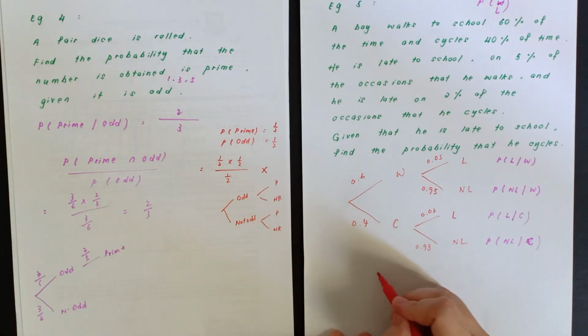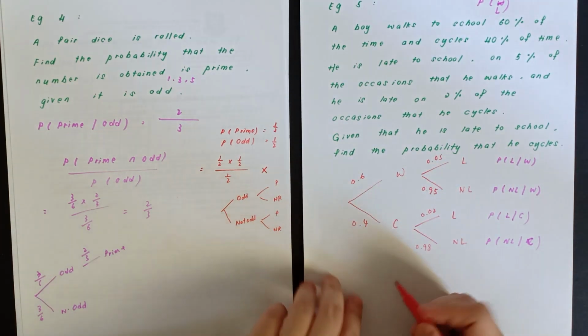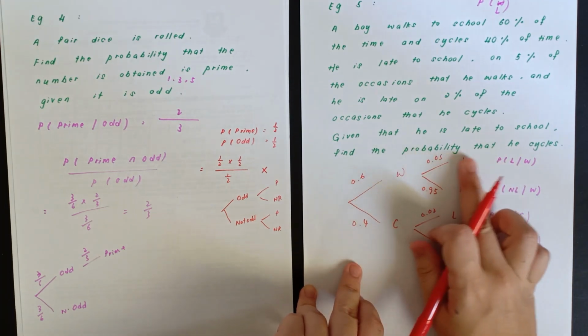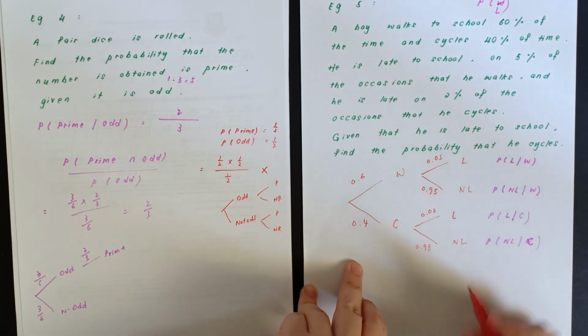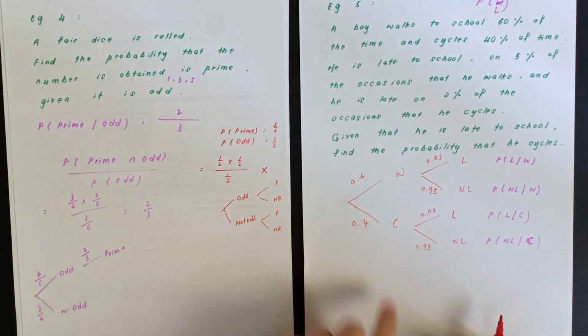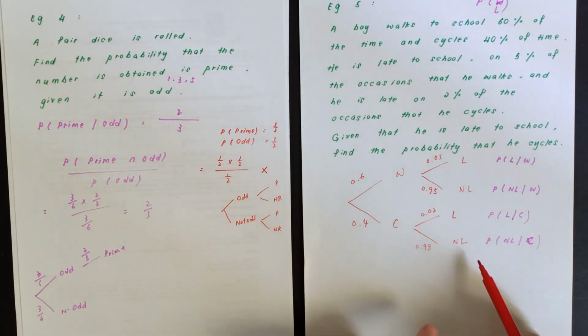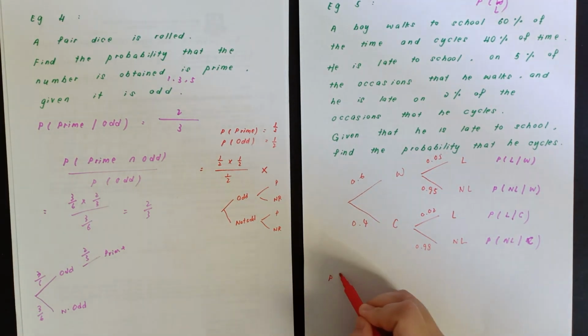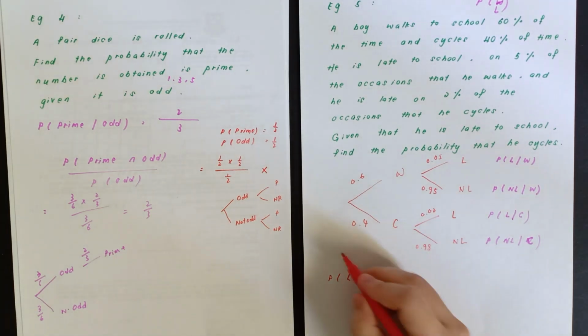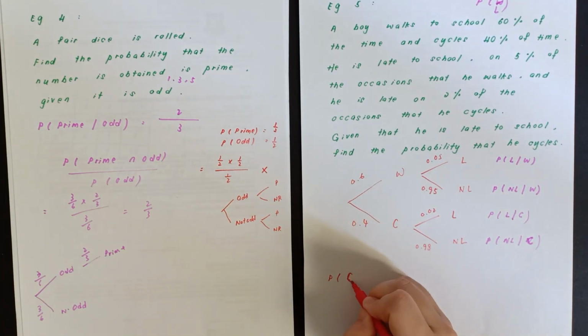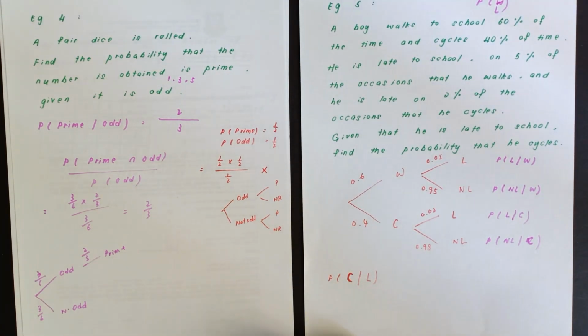Then what you will try to do, you will find the probability that he cycled to school given that he is late.